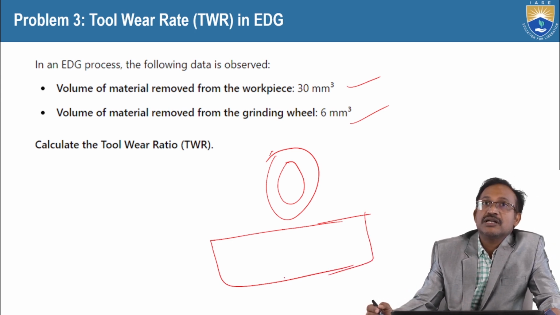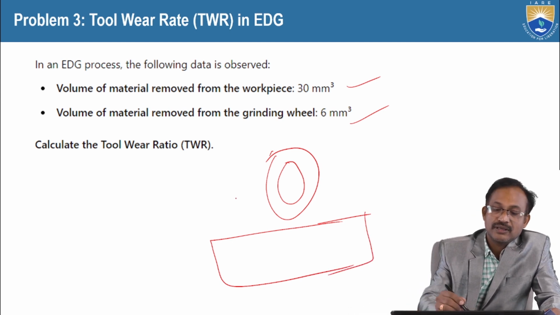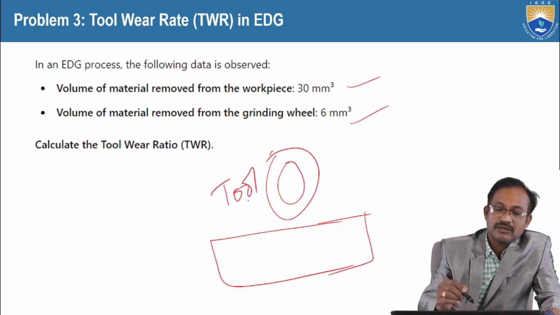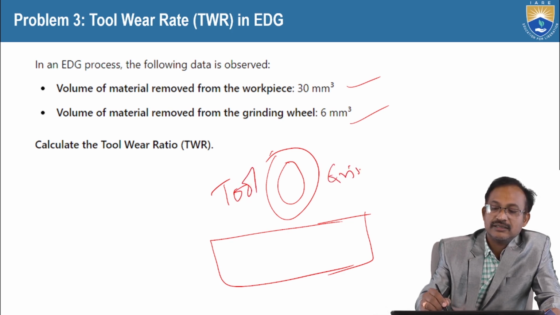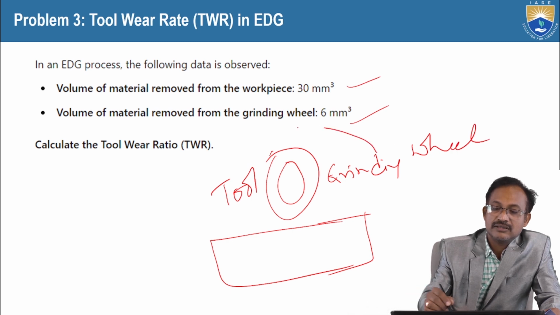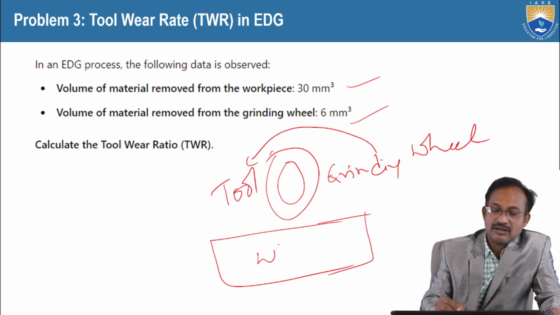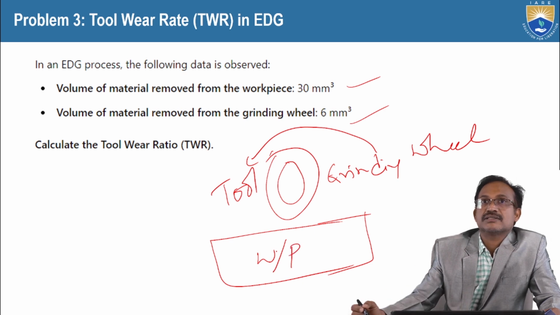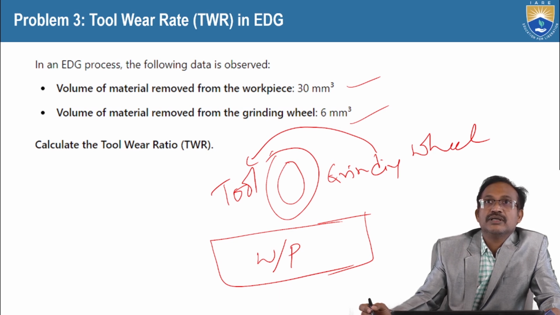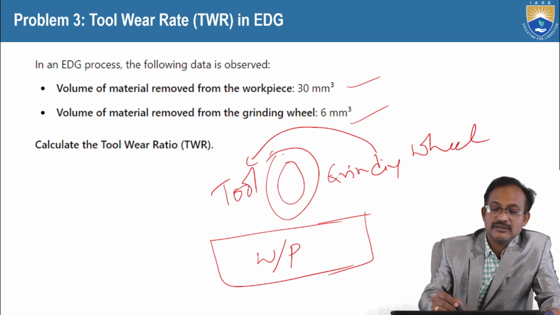In electro discharge machining also, this grinding wheel is the tool to remove the material on the workpiece. So in order to calculate the tool wear ratio, here the tool means the grinding wheel.